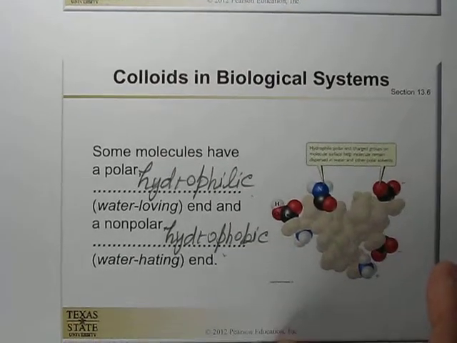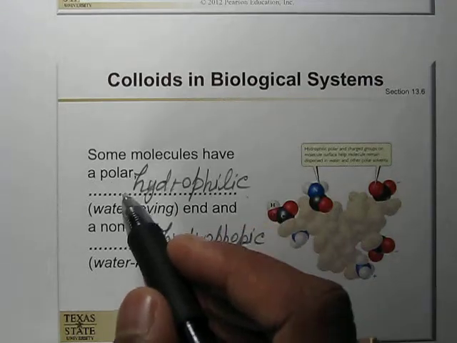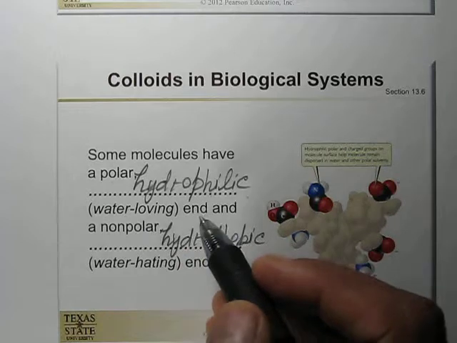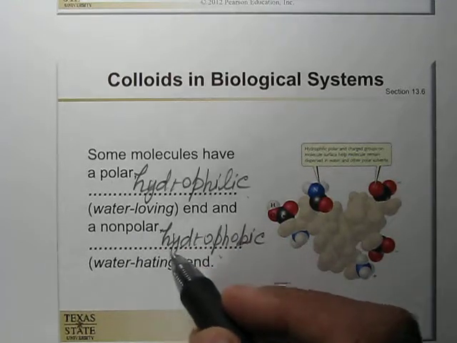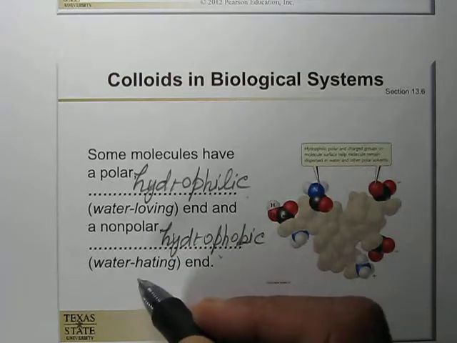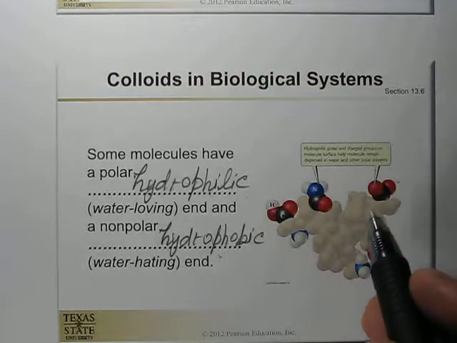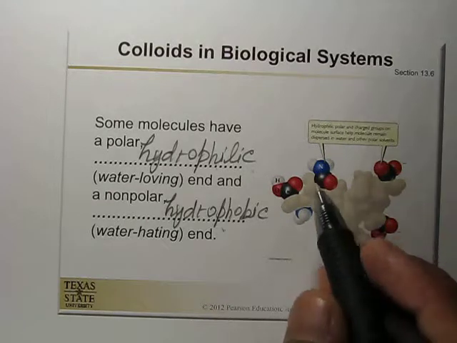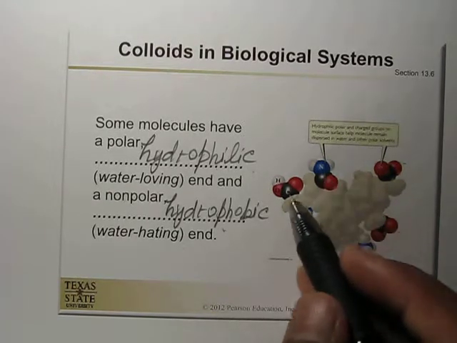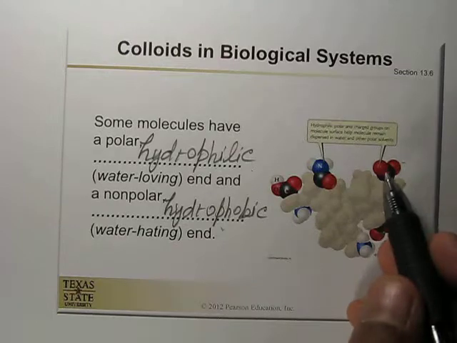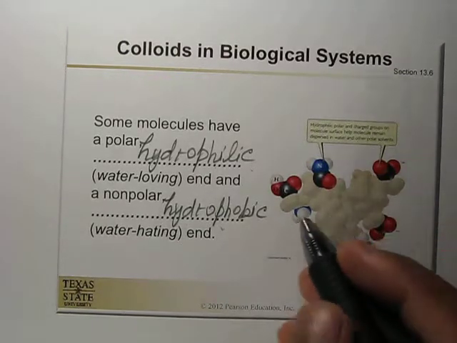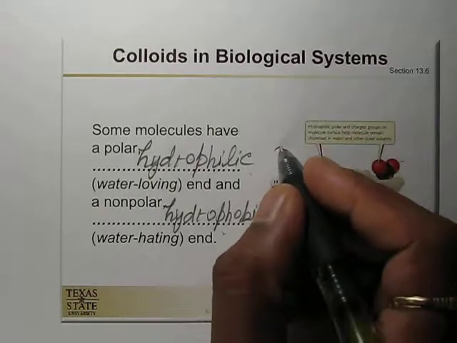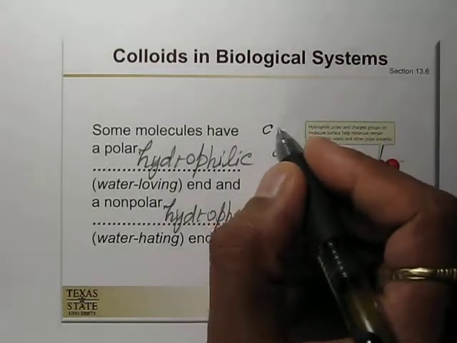And colloids in biological systems: some molecules have a polar hydrophilic, water-loving end and a non-polar hydrophobic, water-fearing end. For example, our proteins have two ends. The colored balls show hydrophilic, water-loving groups, for example the OH group and the COOH group.